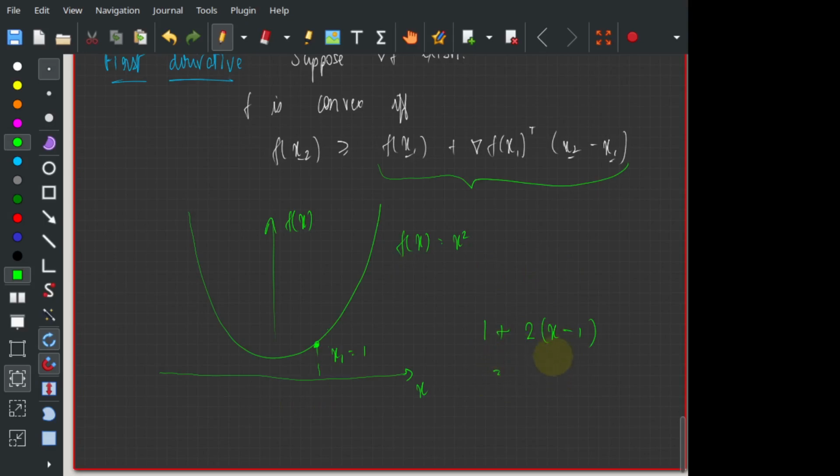So what would this be equal to? This is 2x minus 1. Can you find the tangent to f at x1? What is that equal to?